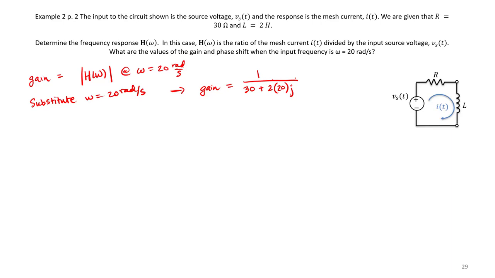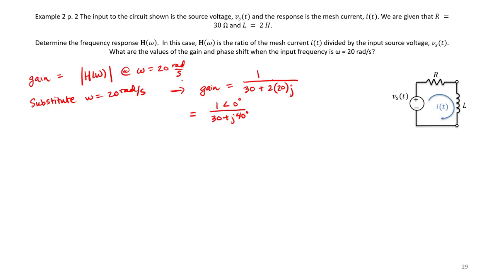Well, in this case, we want to basically find the actual amplitudes of this numerator and denominator. So we could also write this as 1 angle 0 degrees divided by our denominator, which in this case is 30 plus j40. Notice that for the gain calculation, we just want to know the magnitudes.